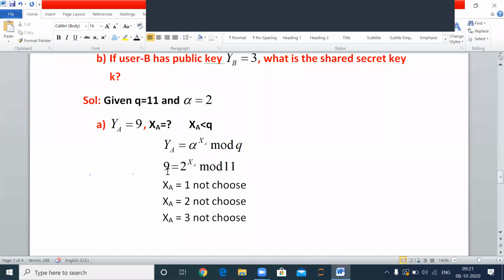Similarly, XA equal to 4: 2 power 4, 2 into 2 is 4, 4 into 2 is 8, 8 into 2 is 16, 16 mod 11. Is the remainder equal to 9? No, so this is also not chosen.